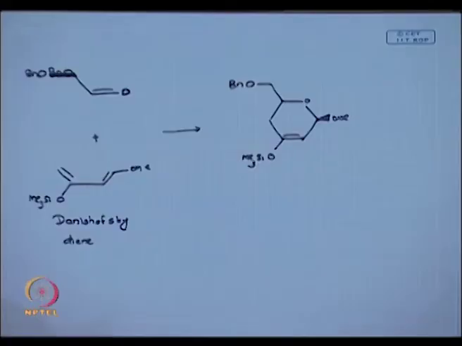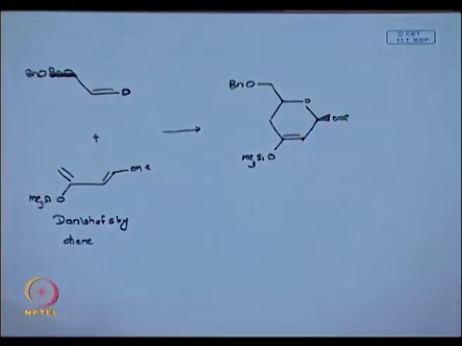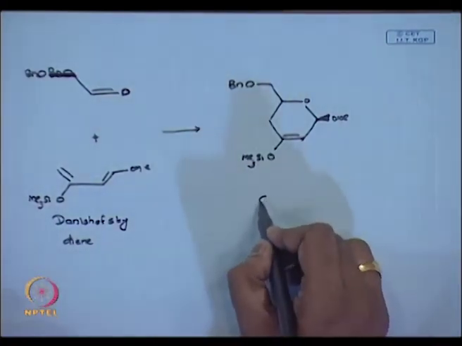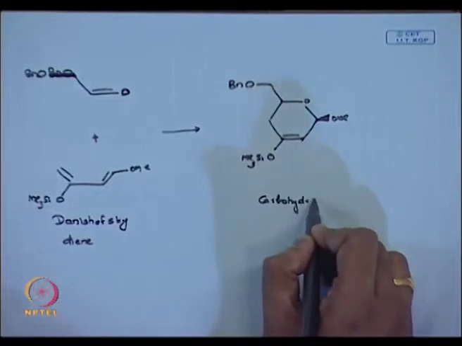And it has a selectivity, this part, the stereochemistry will be selected because of the dienophile. So it is a very novel approach for carbohydrates. That is why this is specifically important, that is why I am taking it.